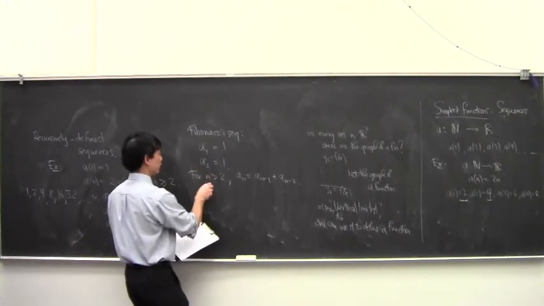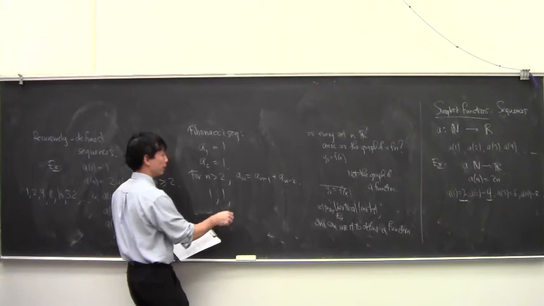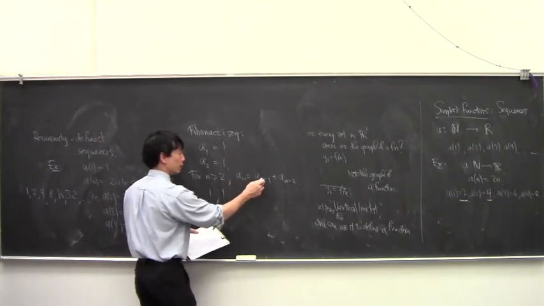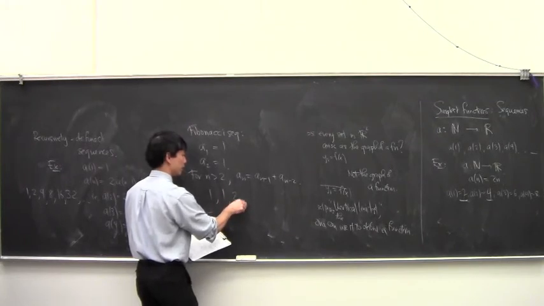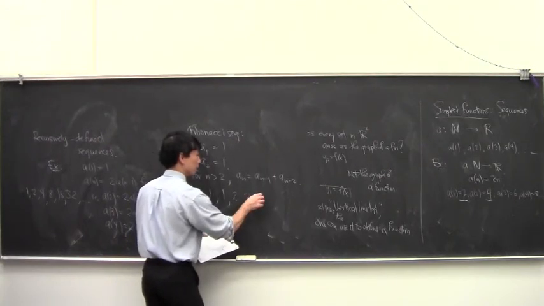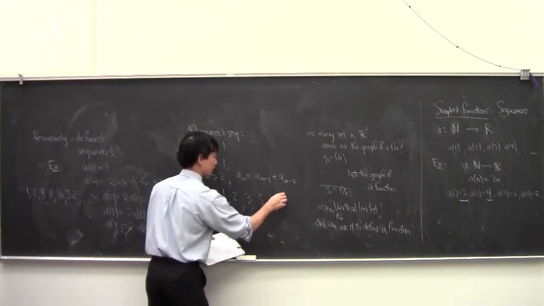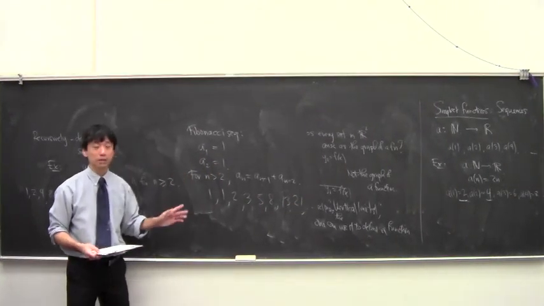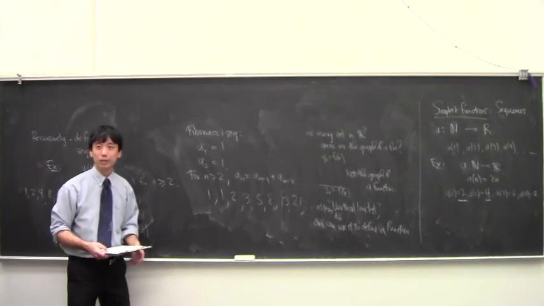So A1 is 1, A2 is 1, A3 is going to be the sum of A2 and A1, that's 2. A4 is going to be the sum of the two previous terms, and so on. This is what's called a recursively defined sequence.